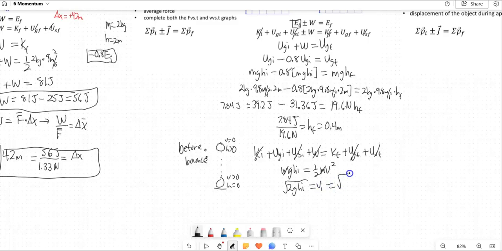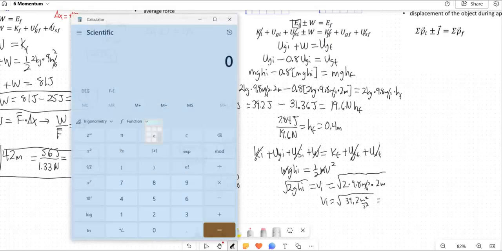So when we pop in, this is going to be 2 times 9.8 meters per second squared times 2 meters. This is going to be the square root of 39.2 meters squared per second squared.